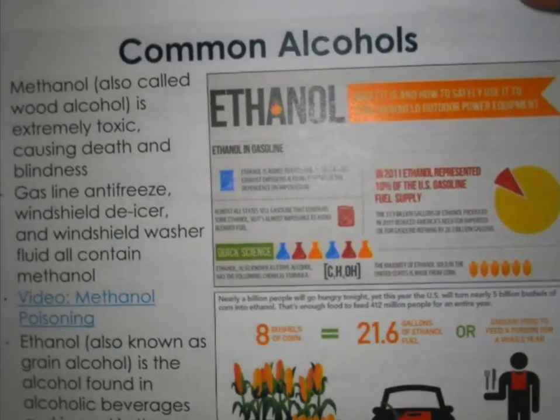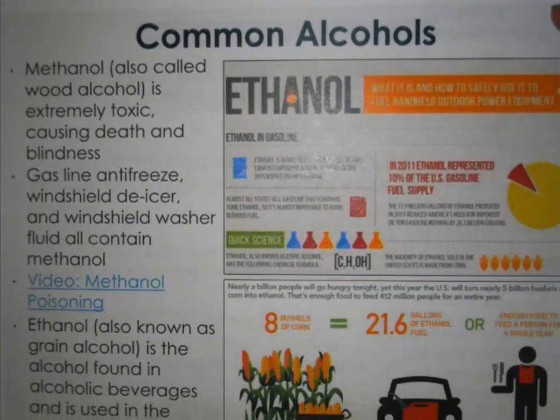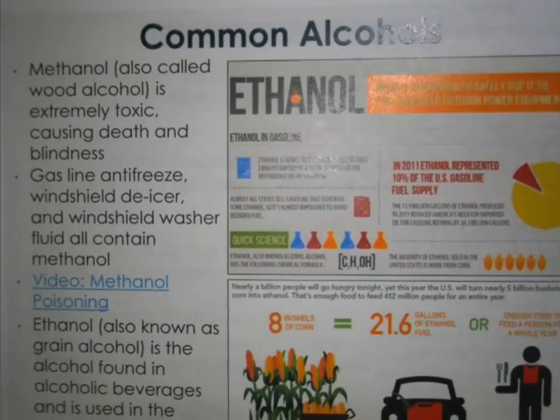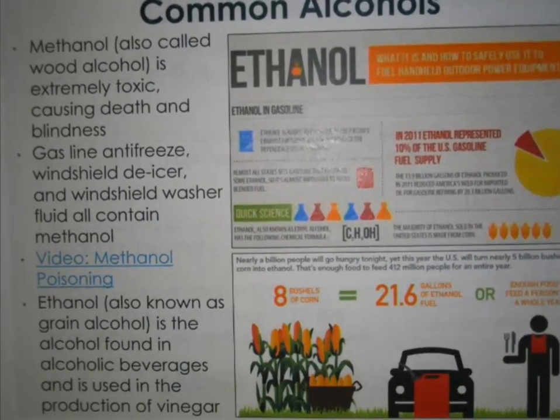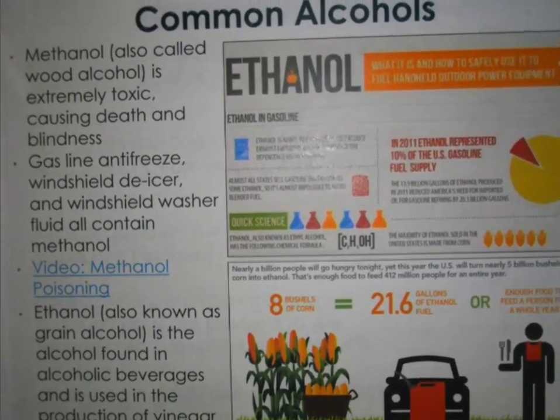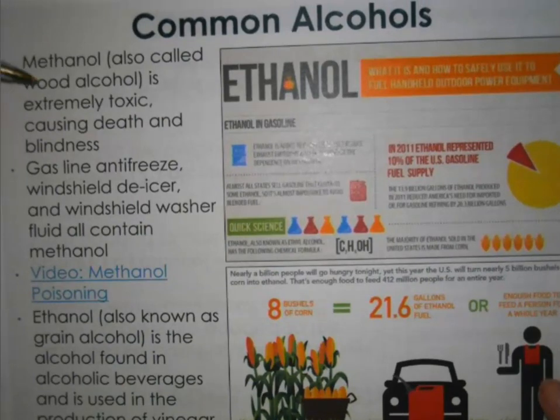So what are some common alcohols? Because you do need to be familiar with some of these common compounds and their uses. Methanol, sometimes called wood alcohol because it was originally identified as something that is produced when wood is destructively distilled. One thing is that it's extremely toxic.